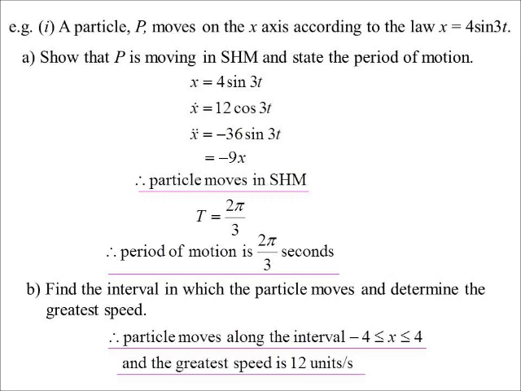So all right, it moves between minus 4 and 4. What is its greatest speed? And hopefully they'll say speed rather than velocity. We don't have to worry about, oh, hang on, is negative bigger than positive, and so on. Speed. Well, there's my velocity. It's a cosine curve. The biggest that's ever going to be is 12. Bingo. There's my greatest speed, 12.